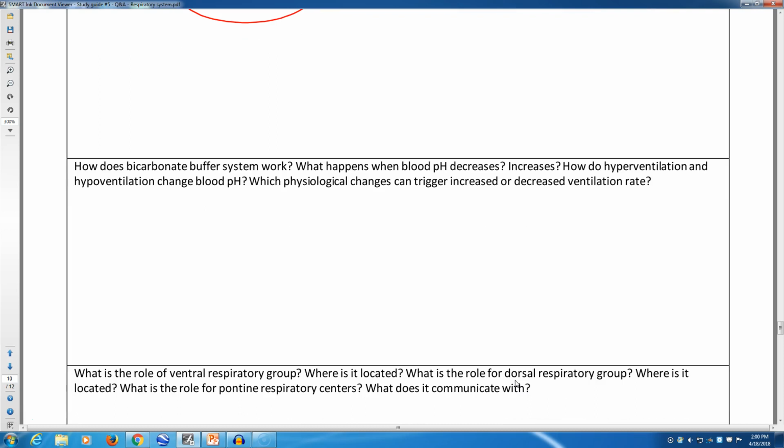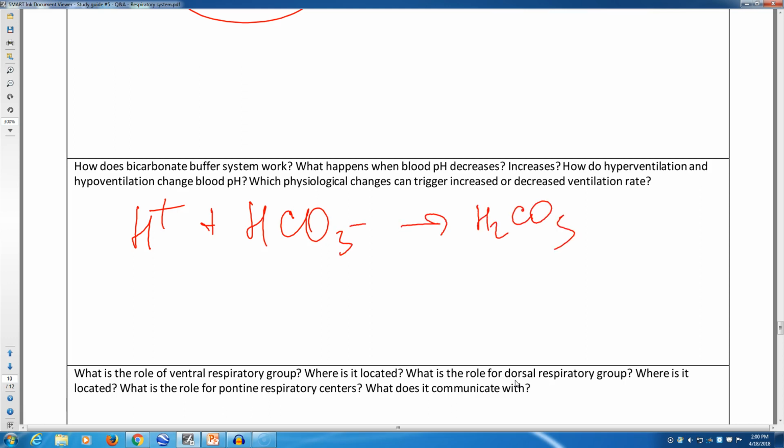Bicarbonate buffer system. If you have extra hydrogens, what is it going to bind to? Exactly. And form carbonic acid. And it will dissociate into water and carbon dioxide, and so on. If you have extra, well, technically speaking, base, if it becomes alkaline, what is it going to bind?